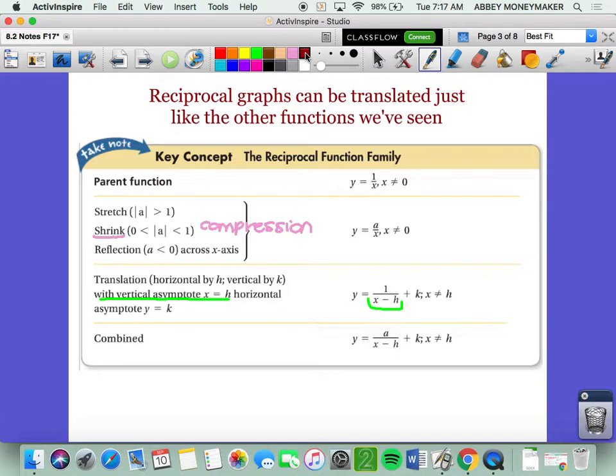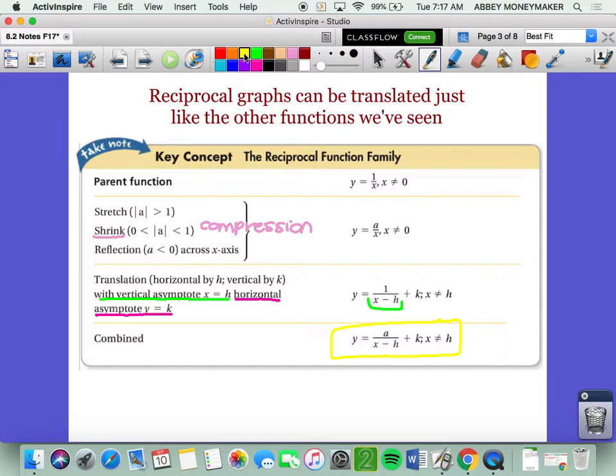So really important here: your vertical asymptote is the line x equals h, and your horizontal asymptote is the line y equals k. Like I said, I think this will make a little more sense once we start doing some more examples. So down here at the bottom, what does my combined transformation form look like?